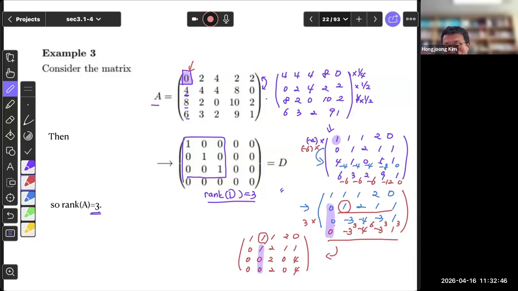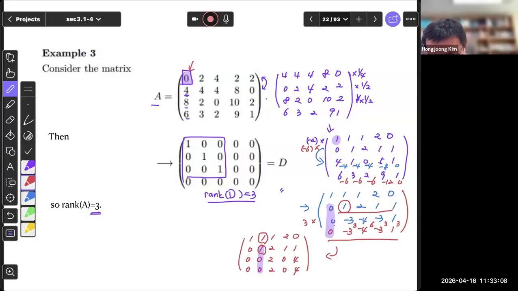I will consider that in a moment. For now, I will just focus on the entries below the main diagonal. So when I look at this 1, and below that 1 in the main diagonal, you have zeros. So I consider the next row, next column.